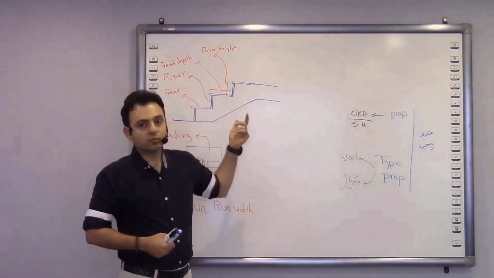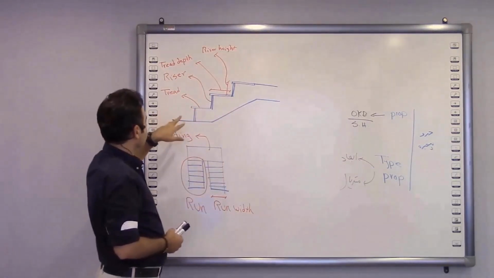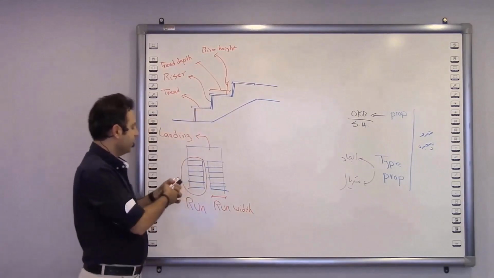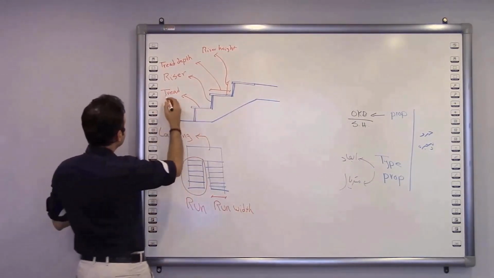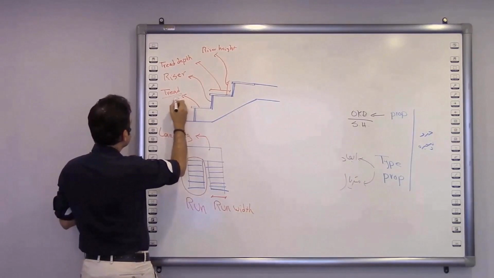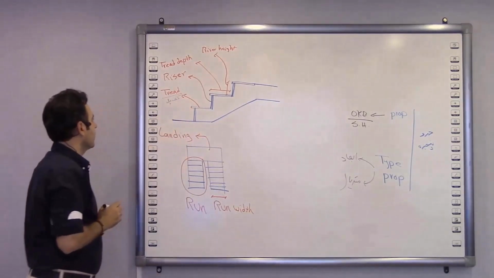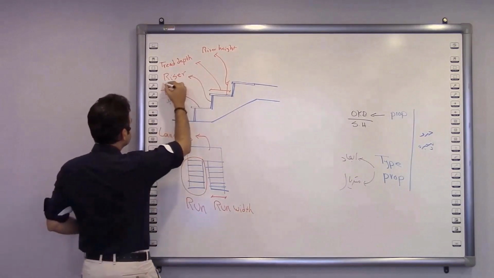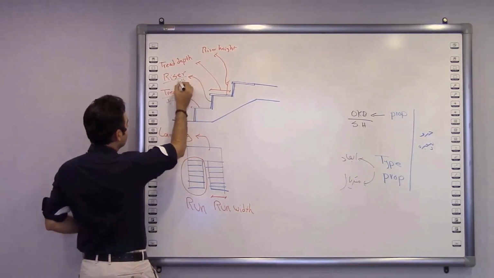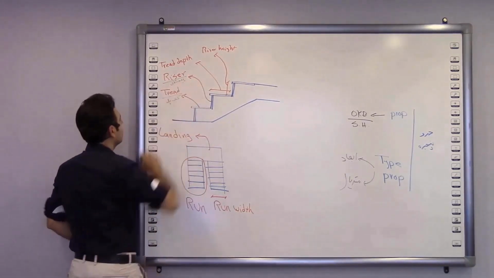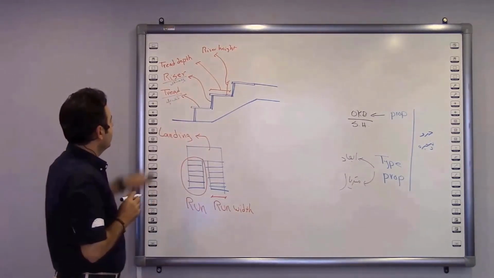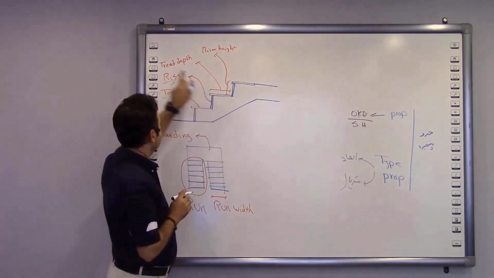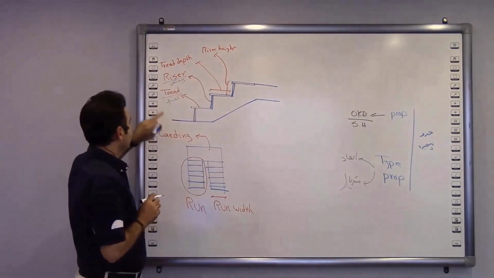Now, this is a section of the stairs, and as you already know, we call the floor of a stair the tread, right? We call this part of the stair the riser, right? Riser. The size of the tread is called tread depth, alright?